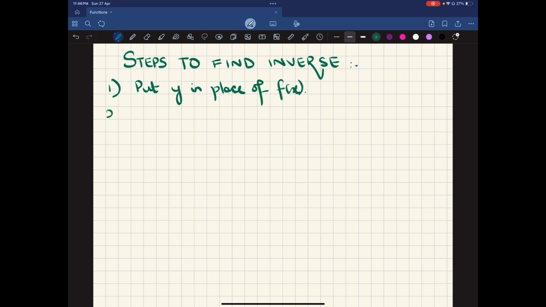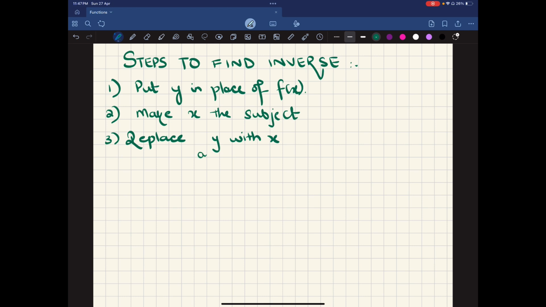Then you're going to rearrange the formula to make x the subject. And finally, you need to replace y with x and x with f inverse of x. So this might not make sense to you right now, but I'm going to do a couple of examples and then it's going to be super clear.